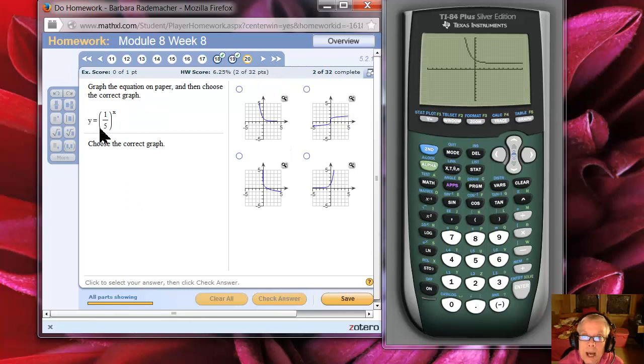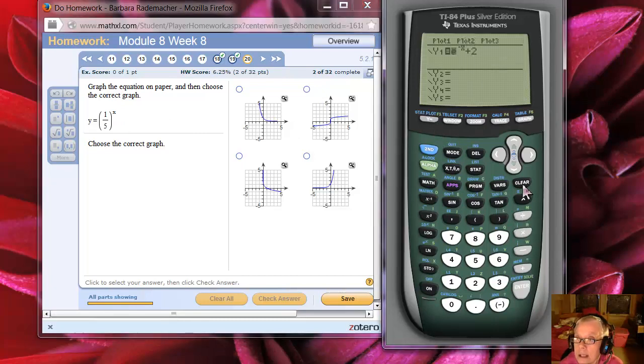All right, let's graph y equals 1/5 to the x power. This is an exponential function. All right, parentheses, 1 divided by 5, parentheses closed, raised to the x. Let's graph it.